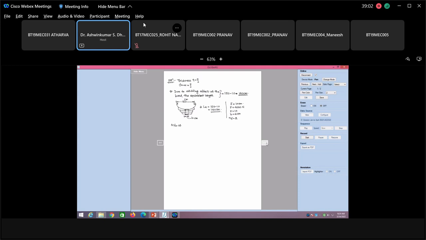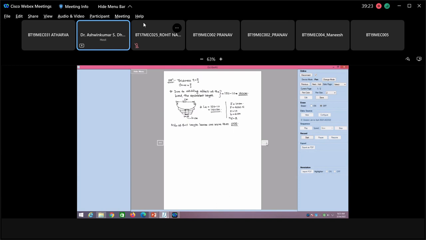number of full length leaves are more than 1. Sir, so we cannot use the previous equation directly.